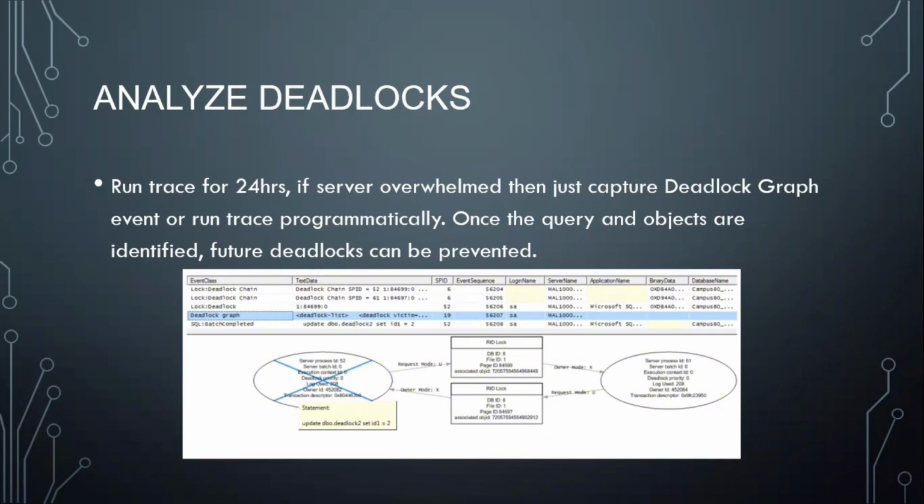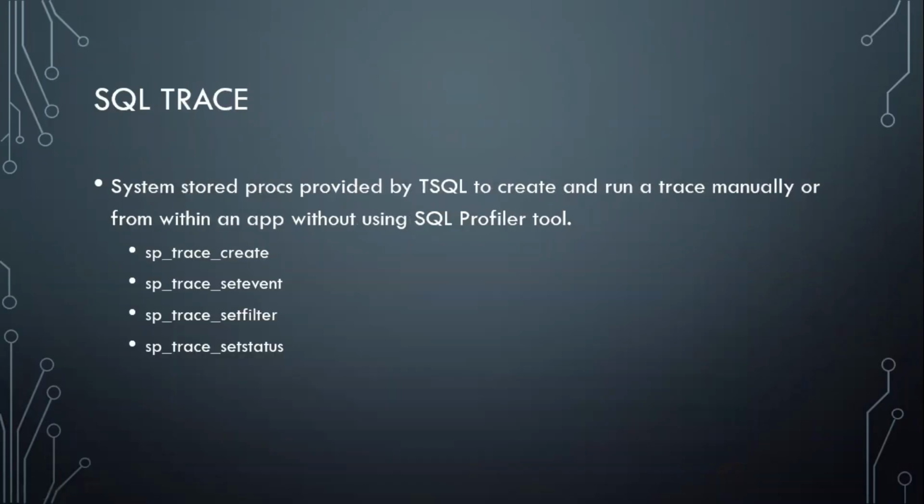After the 24 hours, you can pause the trace and check whether or not there have been deadlocks. It shows you where the deadlock occurred. It even shows you a deadlock graph, so you can see which resources were required and which processes caused the deadlock to occur.